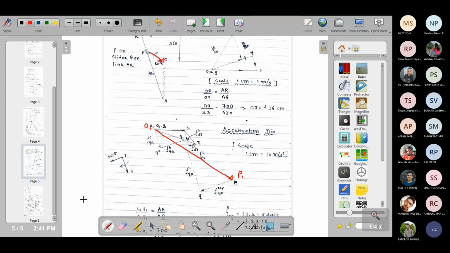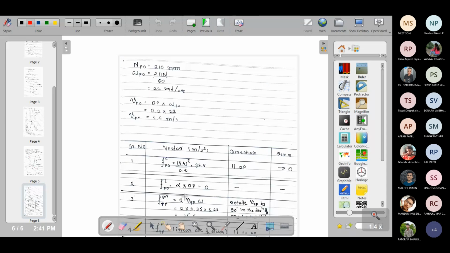Now the Coriolis component. What is the magnitude of the Coriolis component? How will you find it? We discussed it in theory. It is 2 omega v, not 2 r omega.